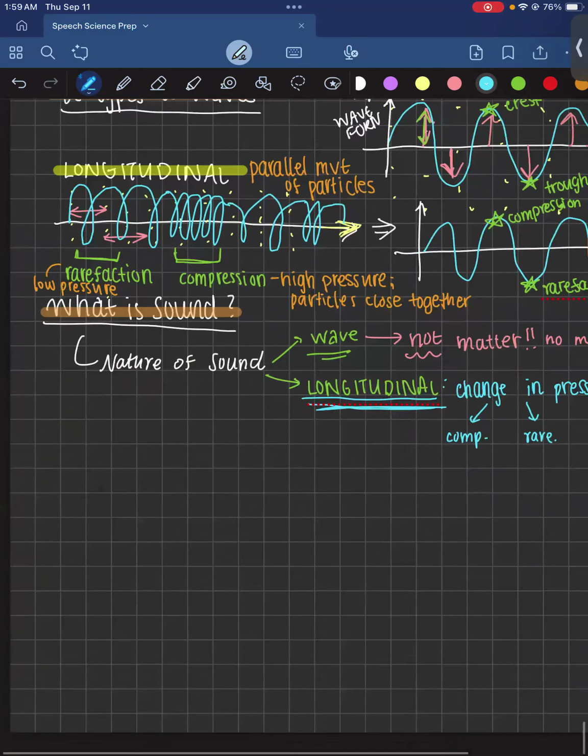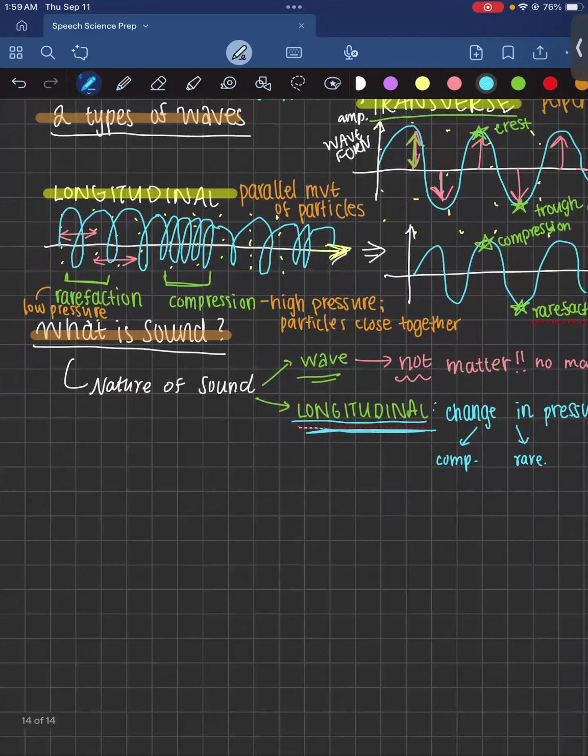And basically what happens is, let's say when we hear a sound, another good way to describe this would be saying that it's a vibration, right? So it's a vibration of the molecules, whether it's air molecules or whatever.